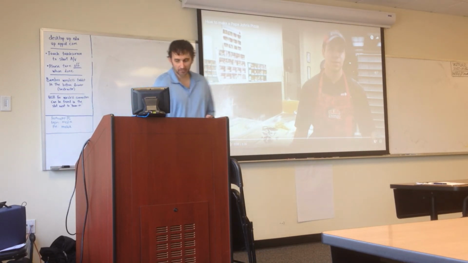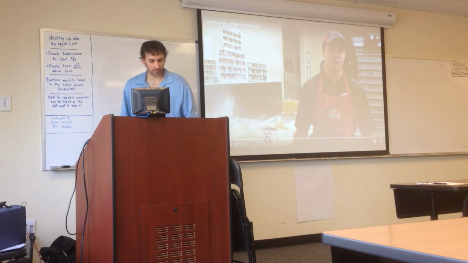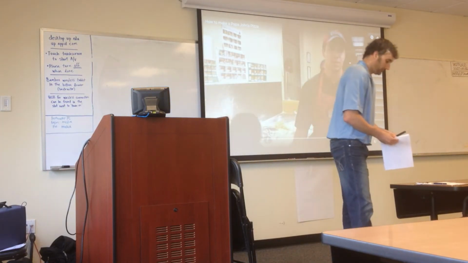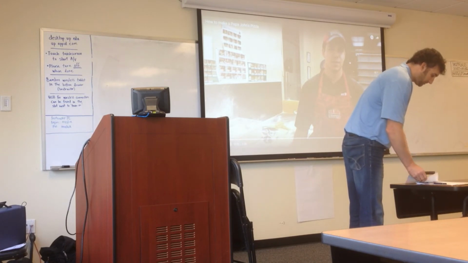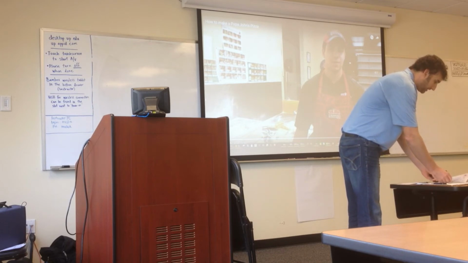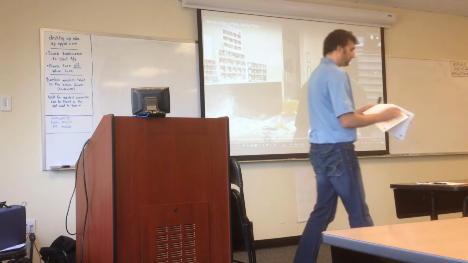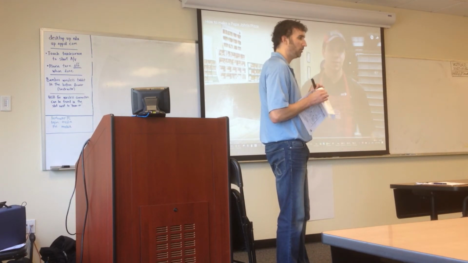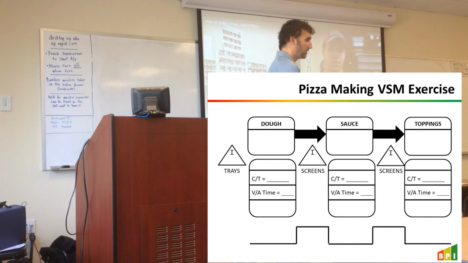So in your handouts, I've got 3 things here. Let me just go ahead and give you the name of this. So the first step in here is going to be the dough prep process, or just called dough. So that would go on the very top lines of each of those 3 boxes.